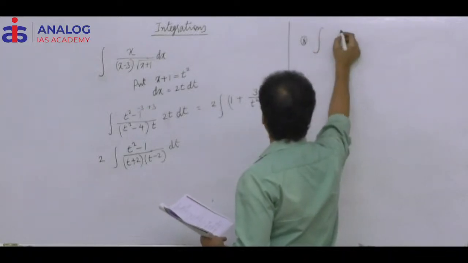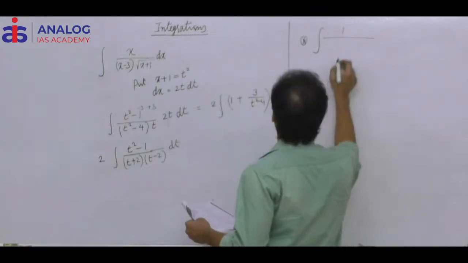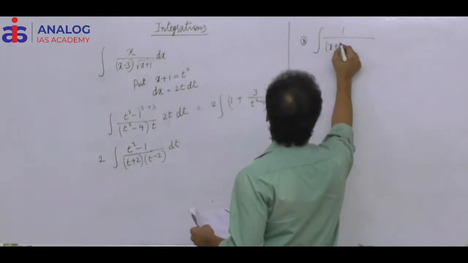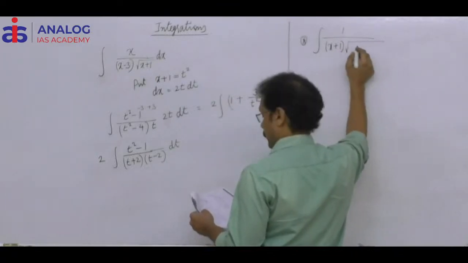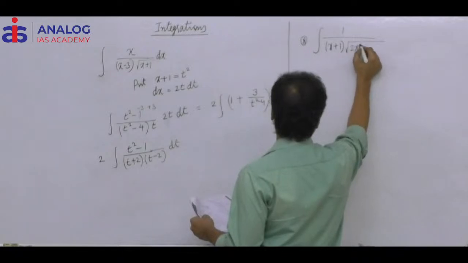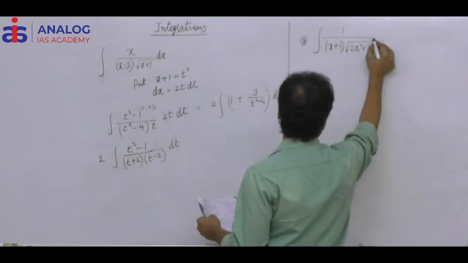Integral 1 by (x plus 1) into root of (2x square plus 3x plus 4) dx.